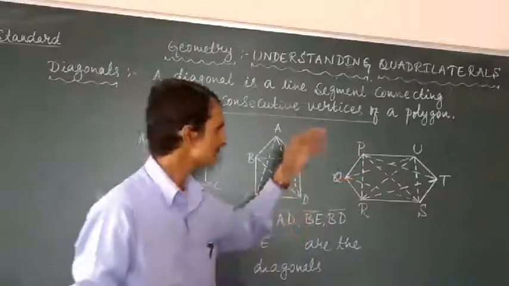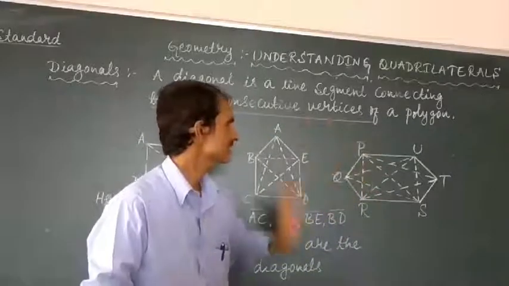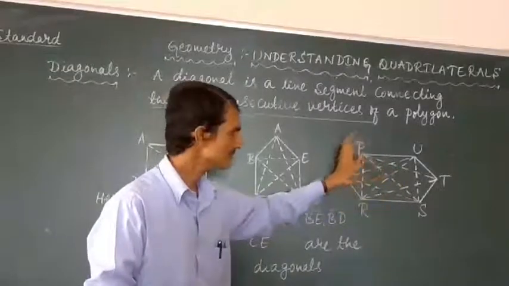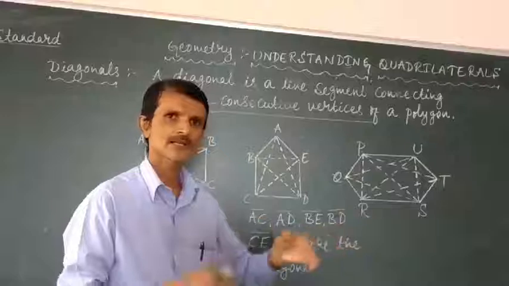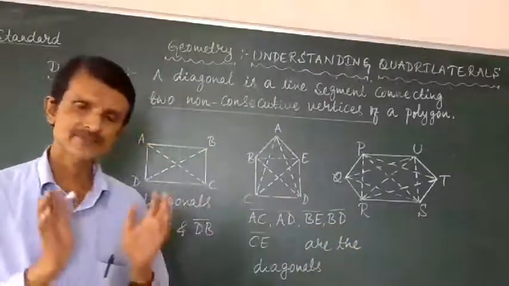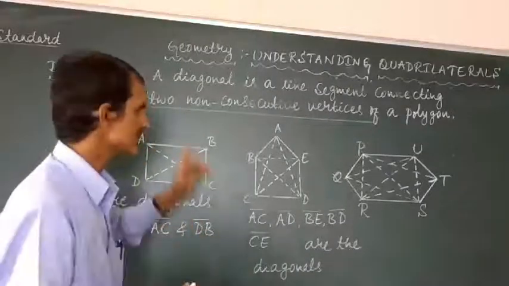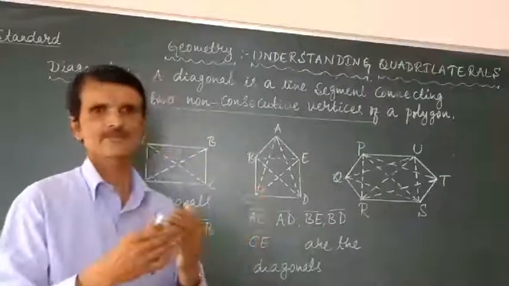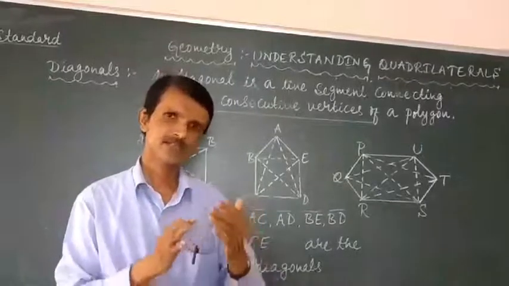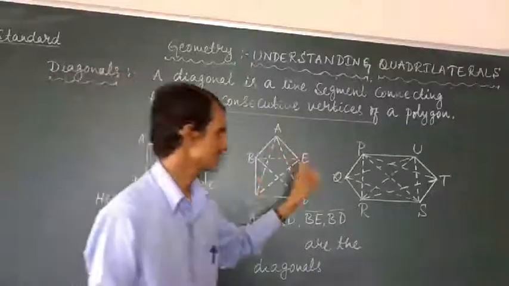Students, try to write the diagonals of this plane figure, the hexagon. Try to write yourself also. You are already confirmed with the definition of the diagonal: a line segment which connects the opposite vertices or two non-consecutive vertices.